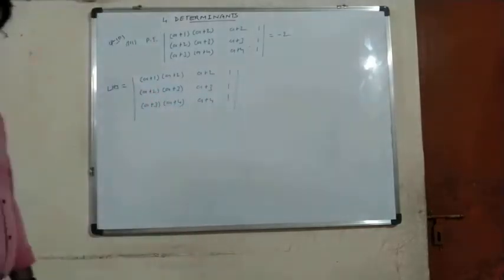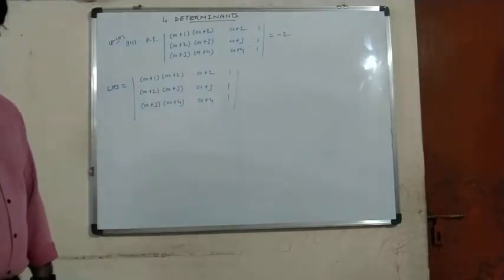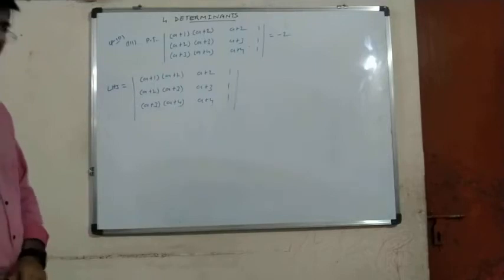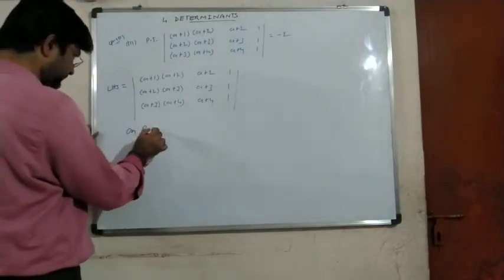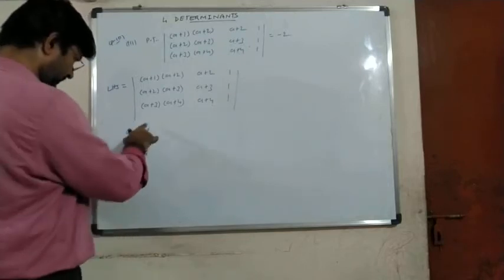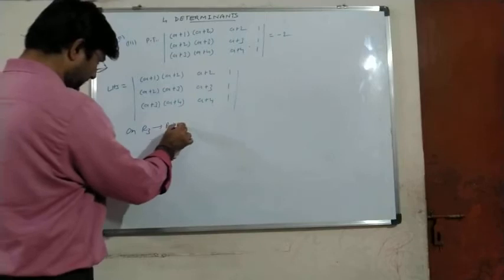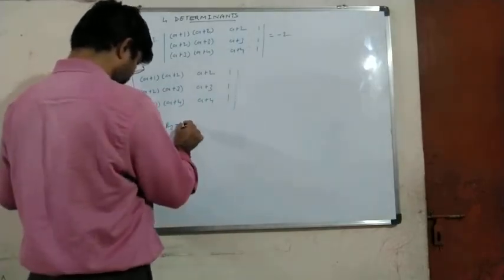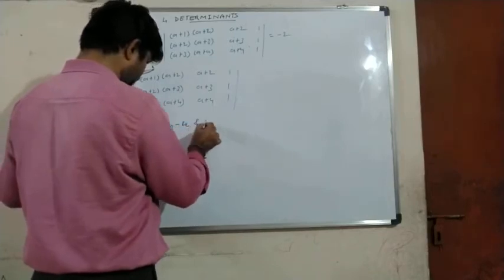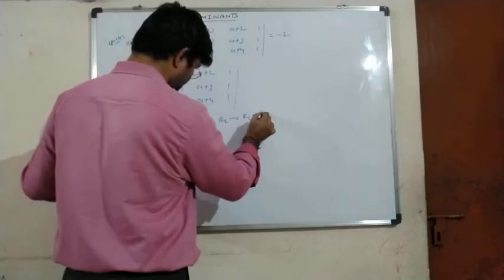Now we have to simplify. You can see that in the third column we have three 1s, so we can get two zeros over there and then simplify it. So let me take R3 minus R2, and on R2 I will take R2 minus R1.